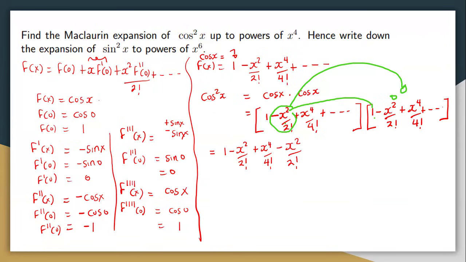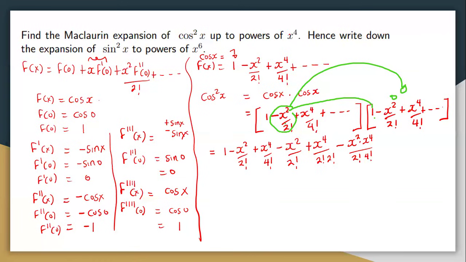This one multiplies again the next one, so it will be plus x power 4 out of 2 factorial, 2 factorial. I can first keep them, 2 factorial, 2 factorial. Then this one multiplies again the next one, so it will be minus x squared times x power 4 out of the 2 factorial, the 4 factorial.